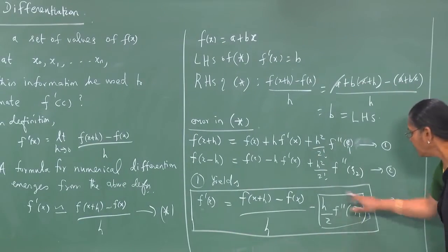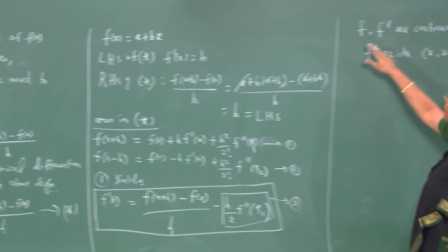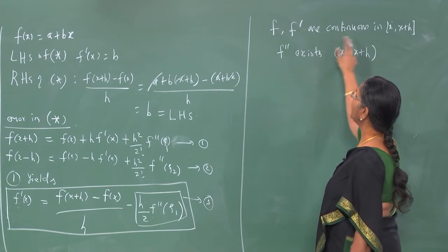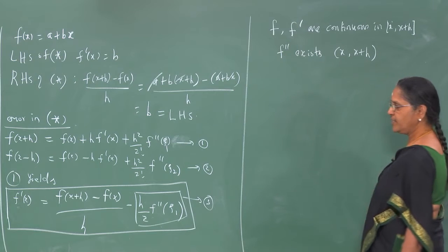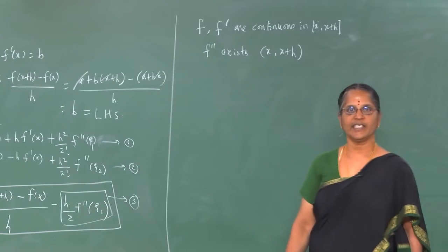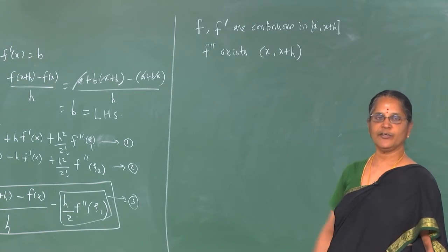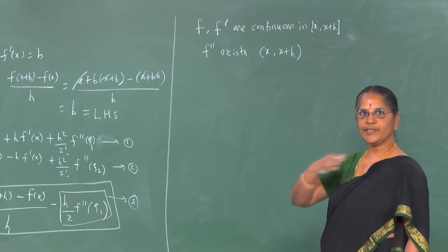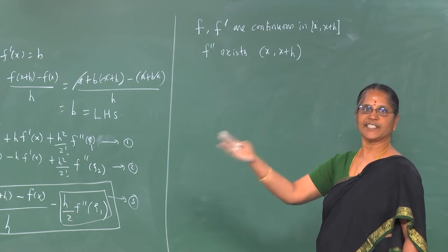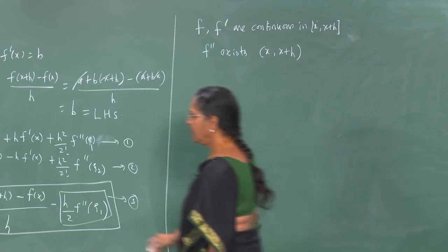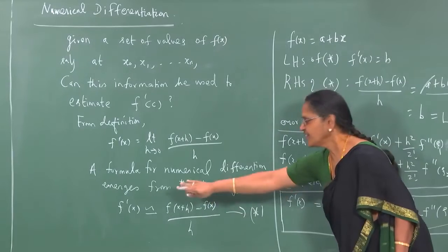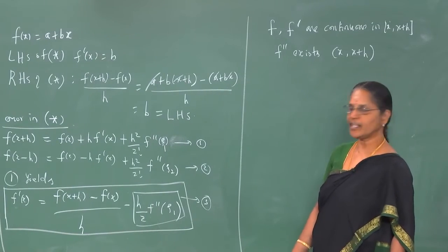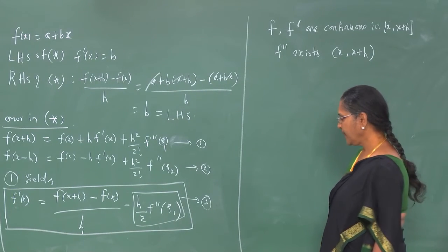Namely, this term tells us that if f belongs to the class of functions where f prime are continuous in x to x plus h and f double prime exists in the open interval x to x plus h, then I can estimate the derivatives of all functions belonging to this class by star. Namely, the first derivative can be approximated by the expression on the right hand side in star.